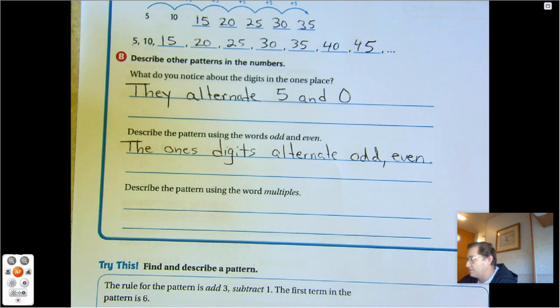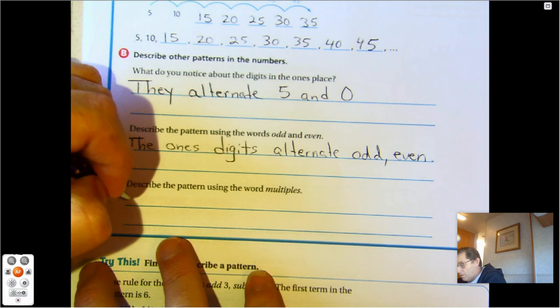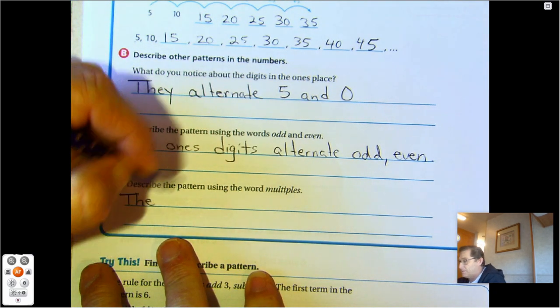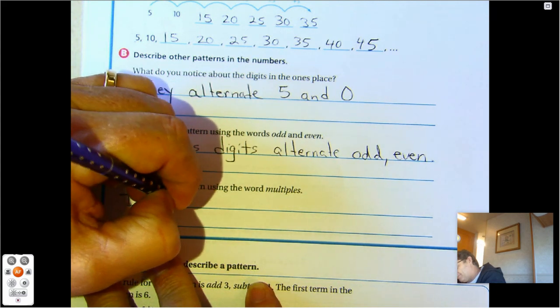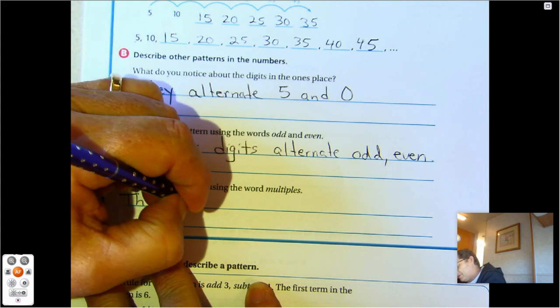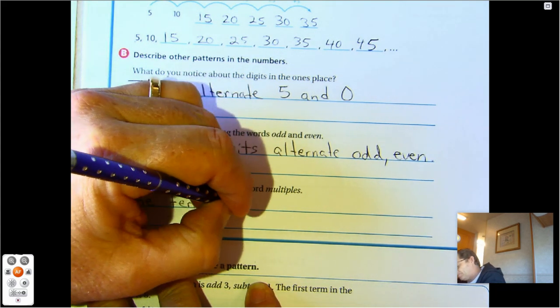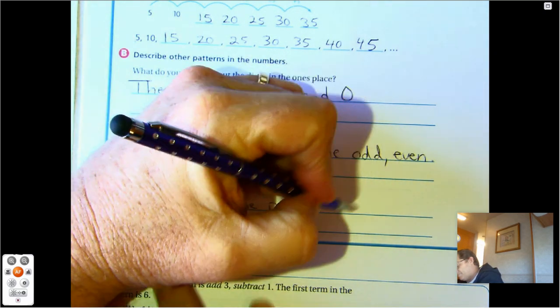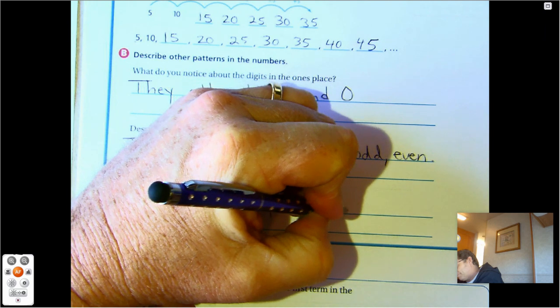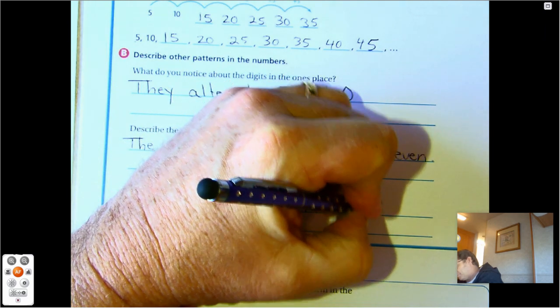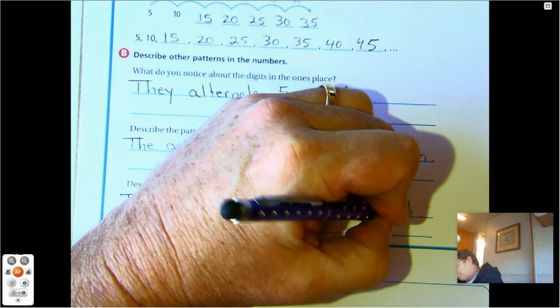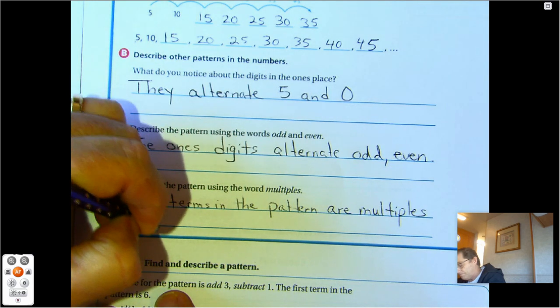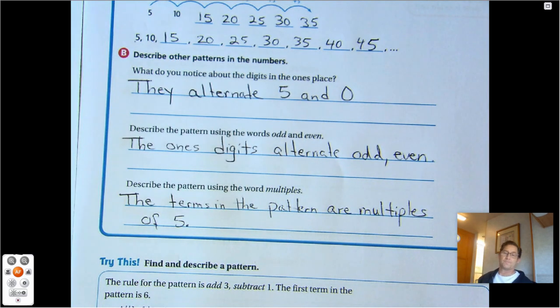Describe the pattern using the word multiples. Well, we were counting by 5s, right? So the terms in the pattern are multiples of 5. Great.